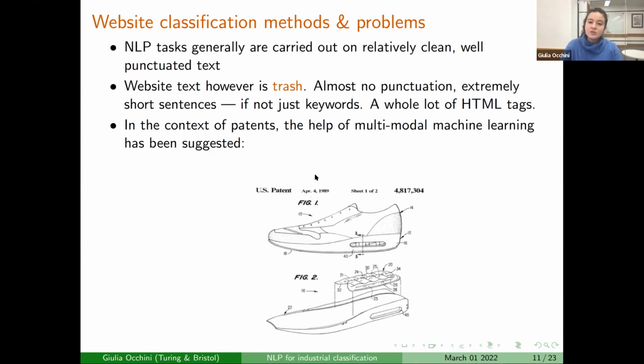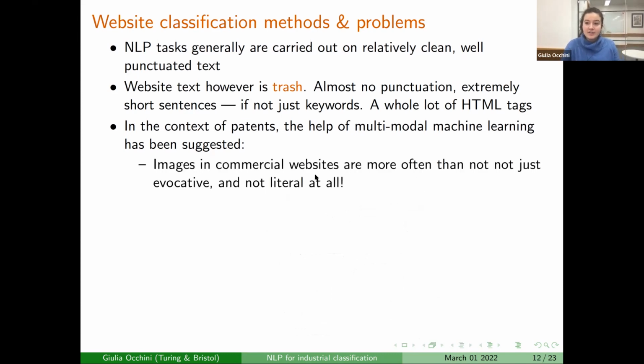So for instance, here you can see a figure extracted from a patent of a famous pair of sneakers, and whichever CNN you would use on an image like this would infer quite easily that this patent is talking about a pair of sneakers. Unfortunately, however, images in commercial websites are just evocative and never literal.